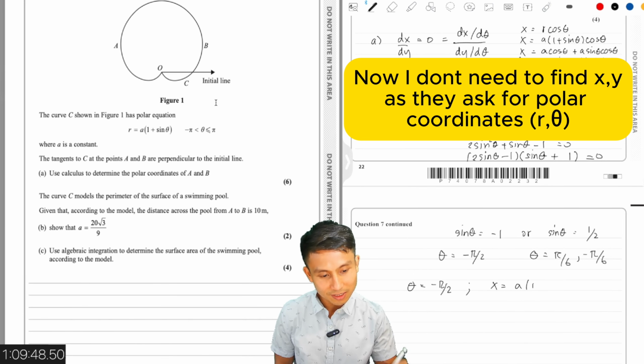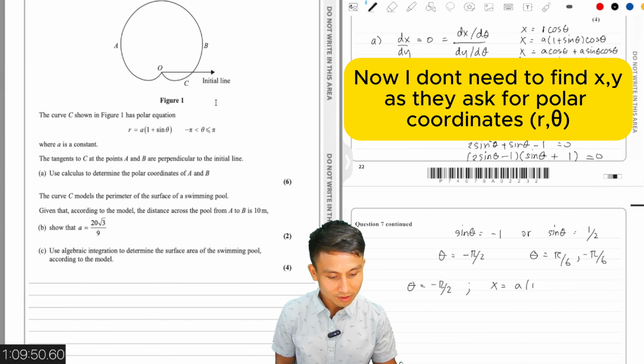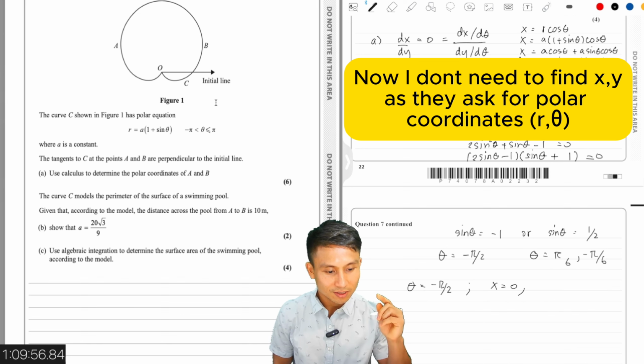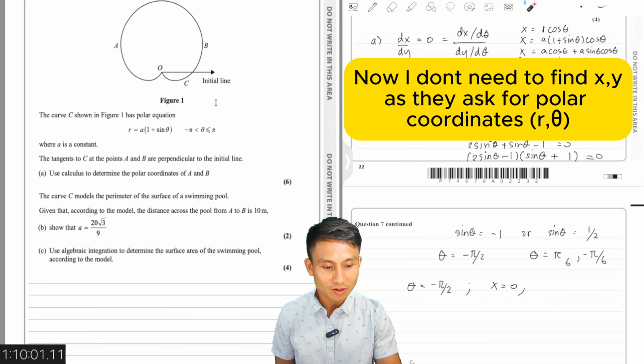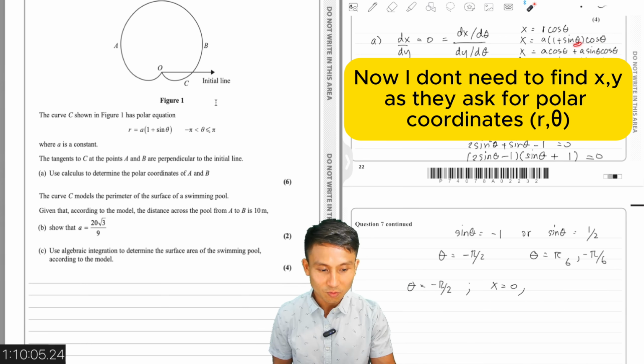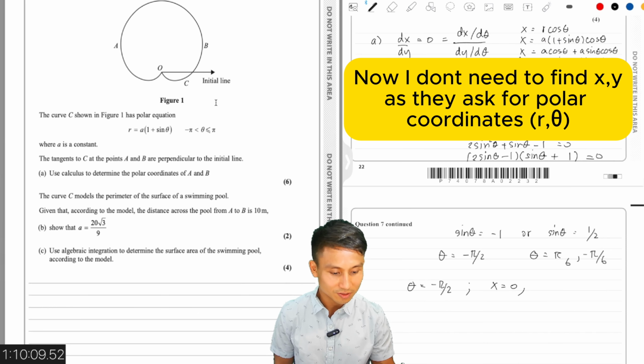Sine theta is minus 1, so that's going to all be 0. So this is 0. And what about y? Y is just, we put a sine theta instead of a cos here. So this is a sine. Again, but it's still 1 plus sine theta is 0 anyway. So yeah, y is 0. So this is also 0.